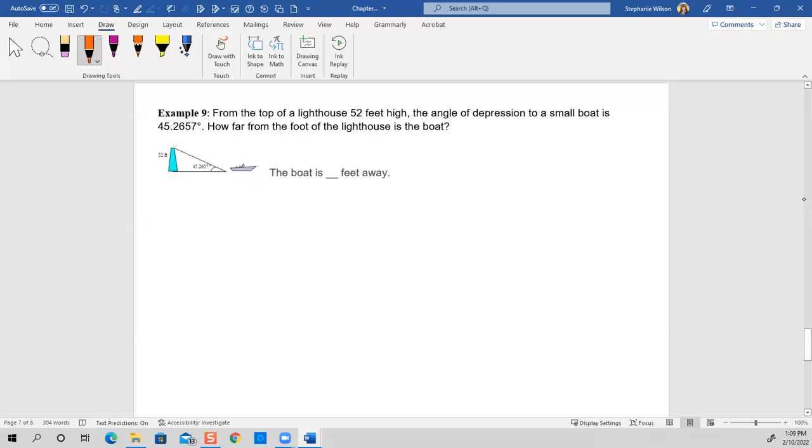Okay, so we have this right here. You see the picture. The first thing I'm going to do is let D be the distance from the foot of the lighthouse to the boat. Let's write it down. Let D be the distance from the lighthouse to the boat.